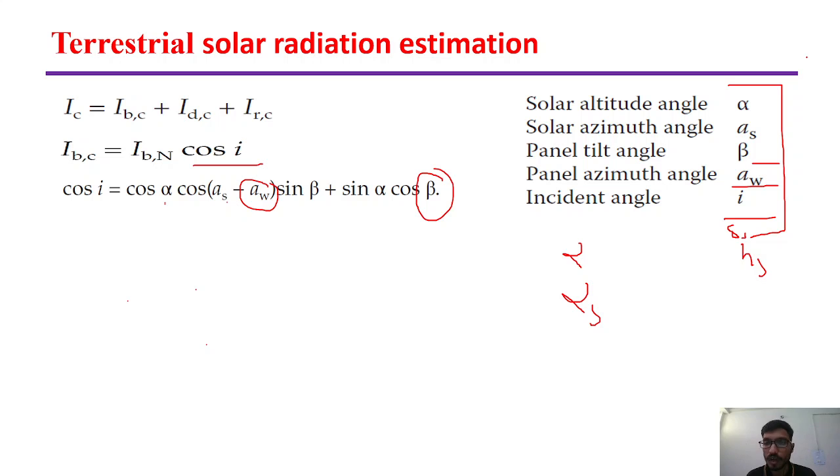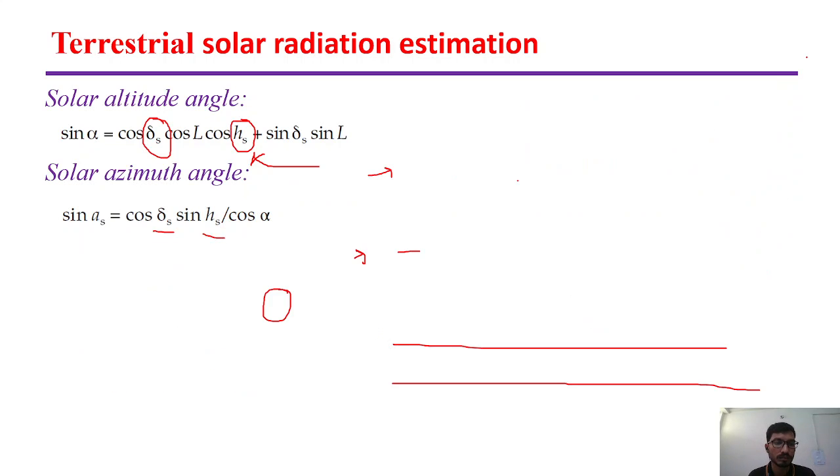So the formula for the solar altitude angle will be sin alpha = cos delta S into cos L into cos HS plus sin delta S into sin L. For the detailed derivation of these formulae or empirical equations, I recommend you follow the book Solar Energy: Principles of Thermal Collection and Storage by S.P. Sukhatme and J.K. Nayak.